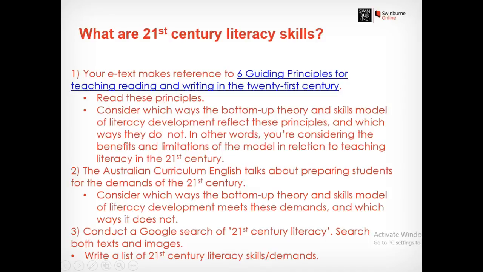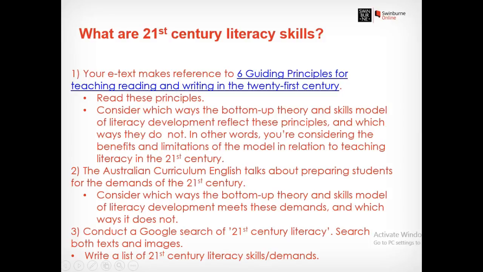Secondly, I suggest that you look throughout the Australian curriculum. This includes the Australian curriculum in general, the Australian curriculum English, and the Australian curriculum general capabilities, where literacy is included as a skill that should be taught across all subject areas. As you're using and reading through the Australian curriculum, take note of references to preparing students for the 21st century, life and work.